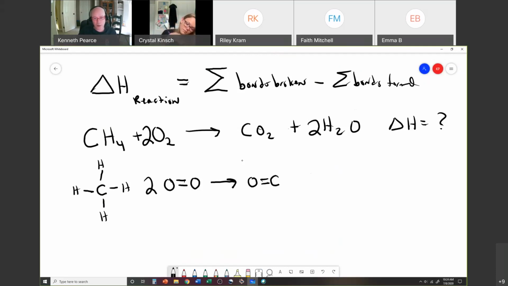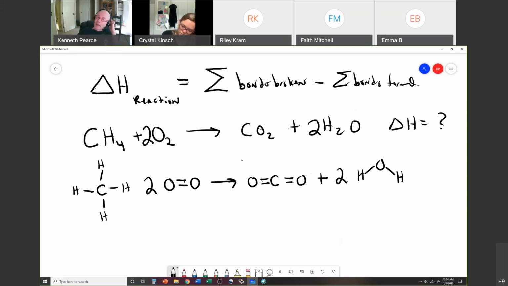It's double bonded oxygen, double bonded oxygen. I don't remember if we did this last Monday, but if you do the Lewis dot structure, you'll see the carbon dioxide is a double bonded oxygen once you do everything. And then you've got 2 of these waters, and a water looks like this. HOH, there it is. And you got 2 of those.